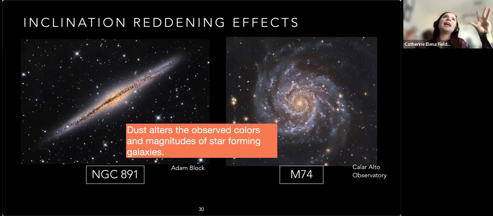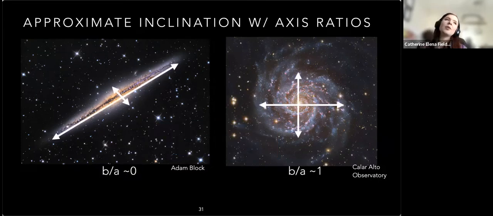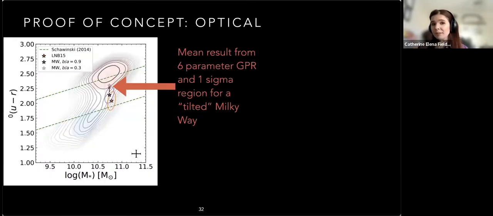So we can't necessarily trust the measurements we make of these edge-on galaxies, because they're not their actual intrinsic colors or magnitudes. Our proxy for inclination is just axis ratio, where a b over a of about 0 is edge-on, and b over a of 1 is about face-on, which is a pretty good approximation, surprisingly.